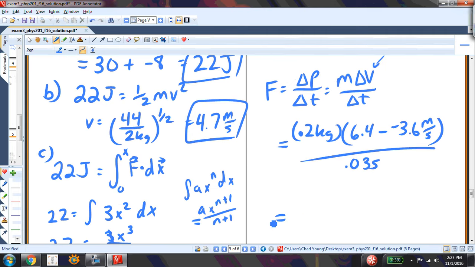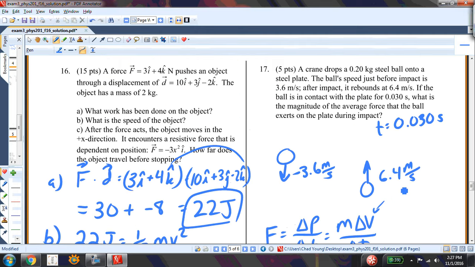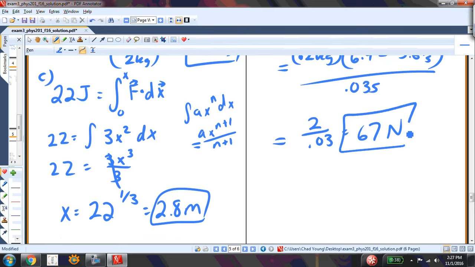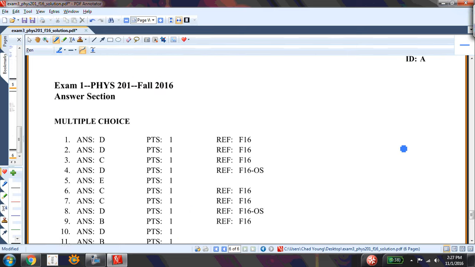And so that is, well, let's see, 0.2 times 10, so it's 2 divided by 0.03. 67 newtons. Get my sig figs right there. Yeah, 2 sig figs, 67 newtons. Oh, and that's the end.